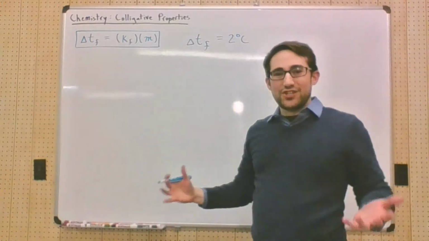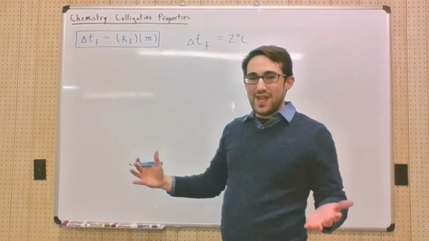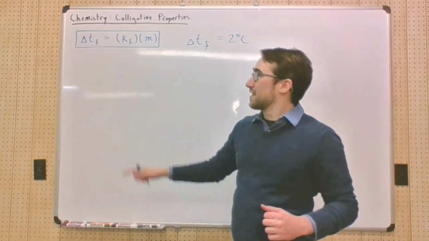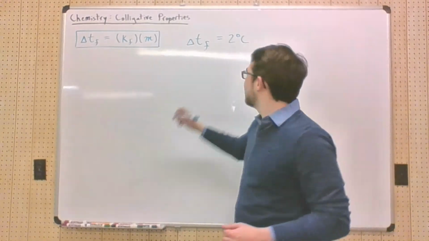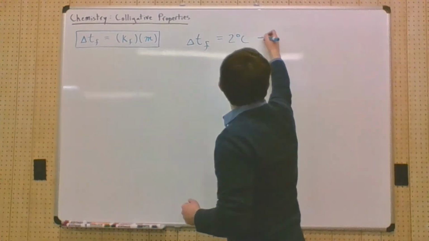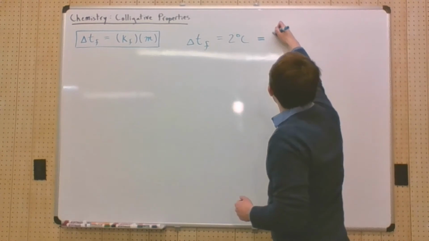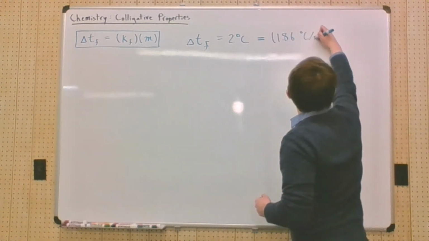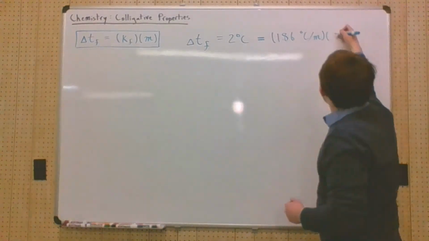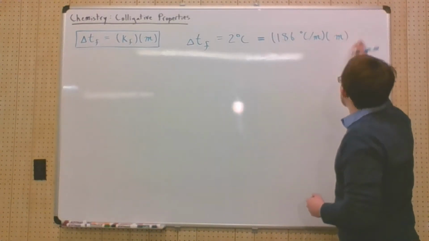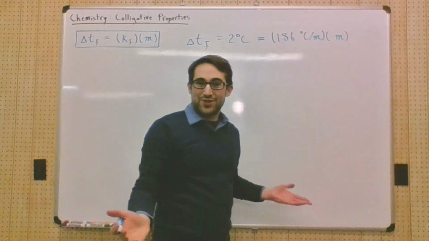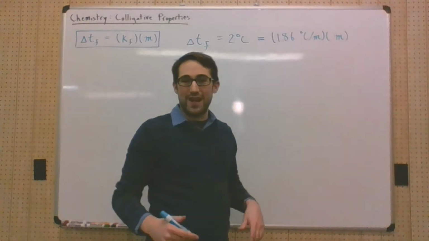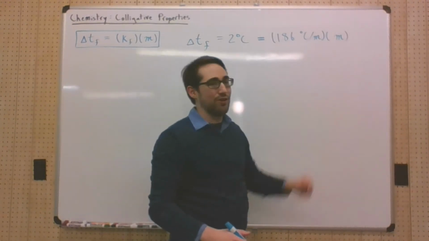Okay, that change in the freezing point should also be equal to the Kf for water, that 1.86, times the molality of the solution. So, to solve out, we're just going to divide both sides by this 1.86. We should get our molality alone.